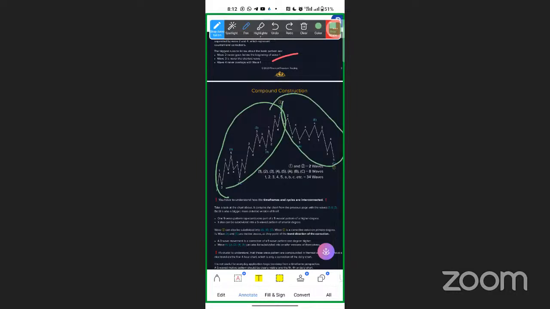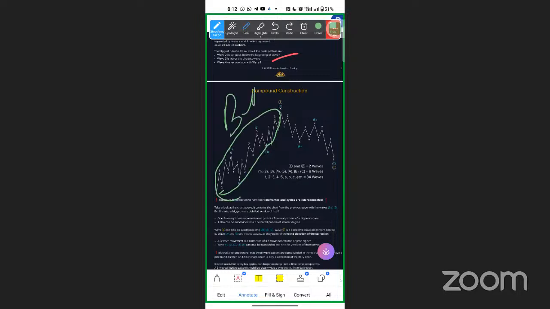Am I making sense? From here to here, this is a bullish Elliott wave. From here to here, this is a bearish Elliott wave. Remember, when a bullish Elliott wave is starting, it starts like this, 1.